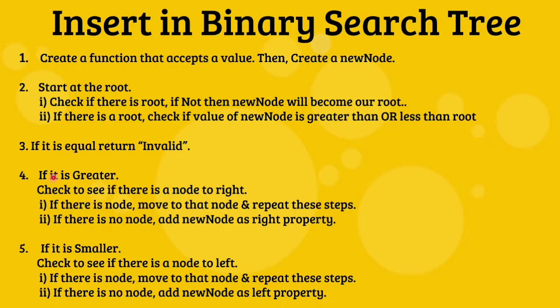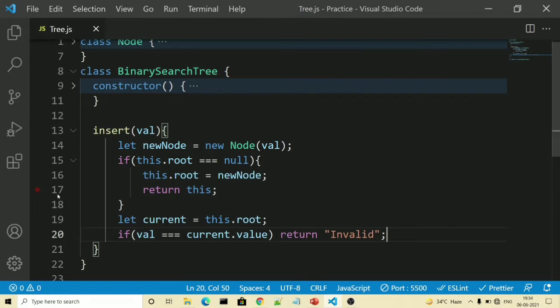Then it is saying if it is greater, check to see if there is a node to the right. If there is a node, then move to that node and repeat the steps. If there is no node, then add new node as a right property. So we will actually write our greater than part now.